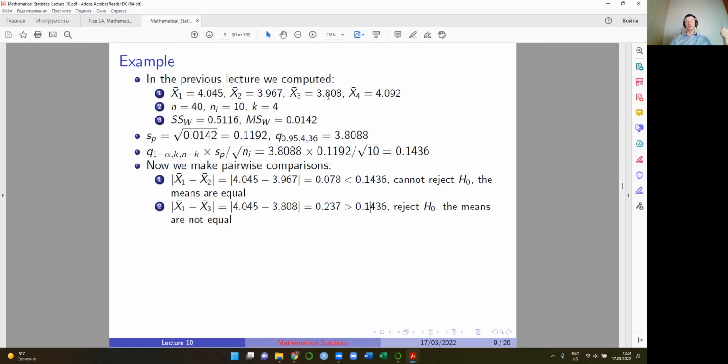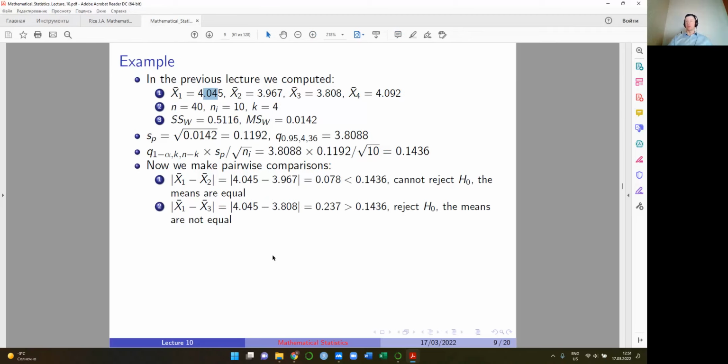Now we can conclude that the mean production of oil, or average production of oil, in the third well is significantly less than in the first well. So we see the direction of difference, right? This is less than this. So the third well significantly differs, or is worse than the first one.